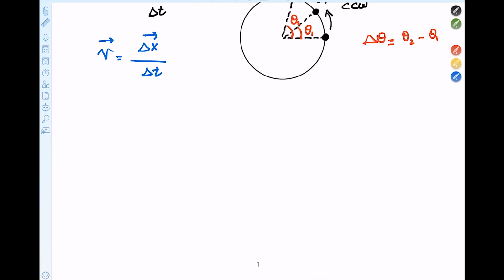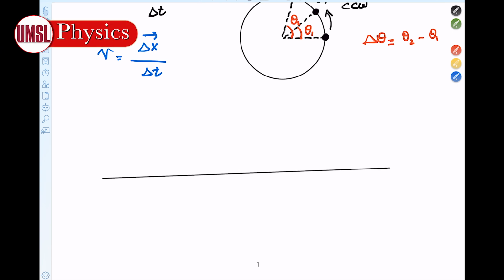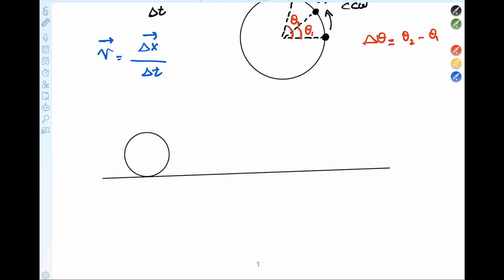Now, what's very important to know is that an object can have both. For example, we could have a rotating cylinder. Not only does this cylinder move from point A to point B with some sort of velocity v, but when it's doing it, it rotates with angular velocity omega.